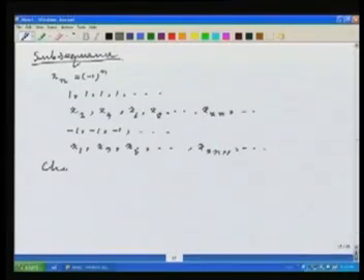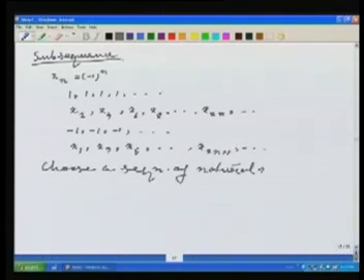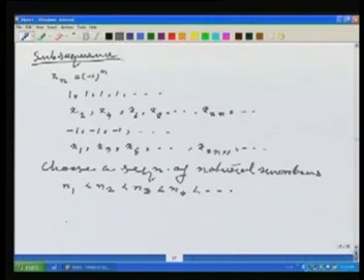So what I do is, first I choose a sequence of natural numbers n1 less than n2 less than n3 less than n4 and so on, and then look at the corresponding terms on the given sequence xn, that is xn1, xn2, xn3, xn4 and so on.